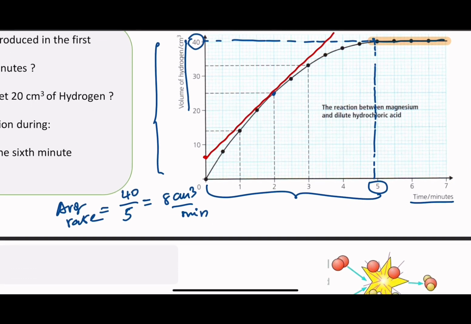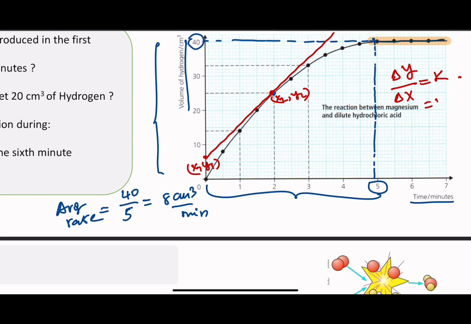Either locate 2 points, this is x2, y2, this is x1, y1, and you can do delta y over delta x and find the slope, okay?